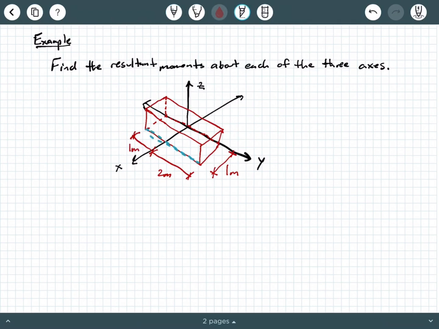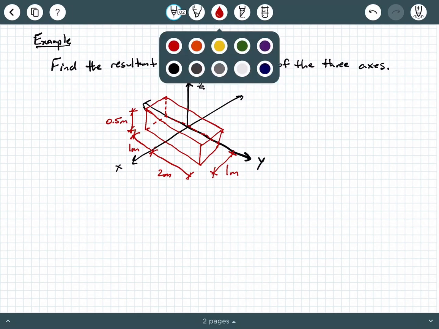So the whole length of the base of the box is 3 meters. It's just a positive 2 and a negative 1 along the y-axis. And the height of the box in the positive z direction is 0.5 meters. There we go.